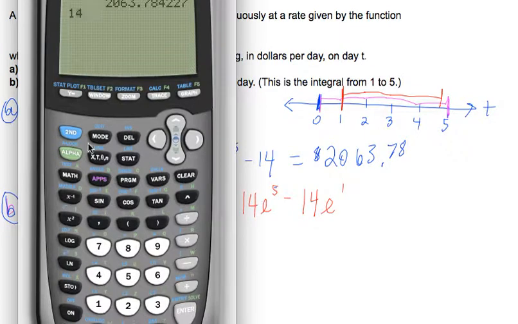So we have 14 e to the 5th minus 14 times e to the 1st. Gives us 2039.73.